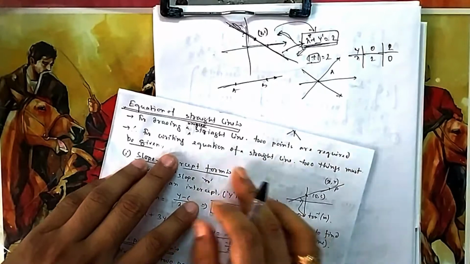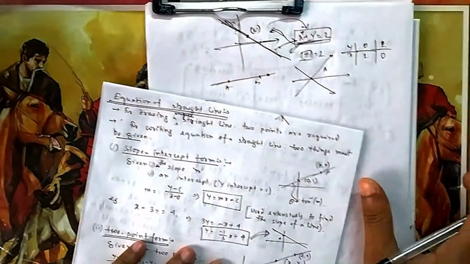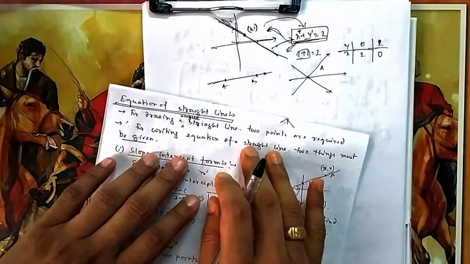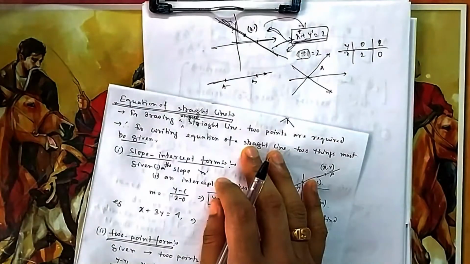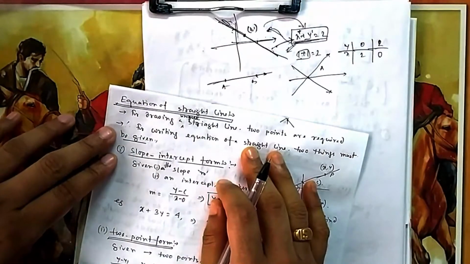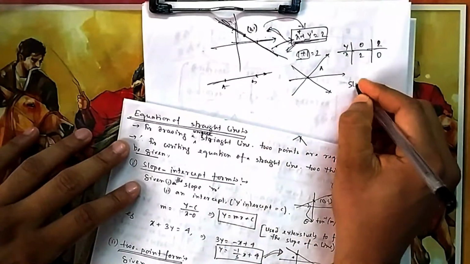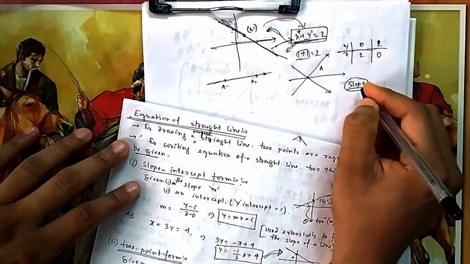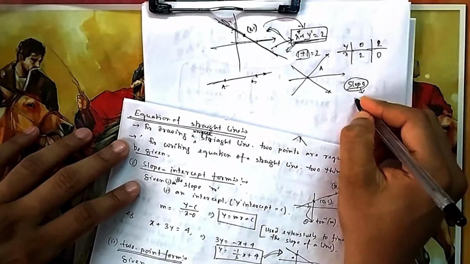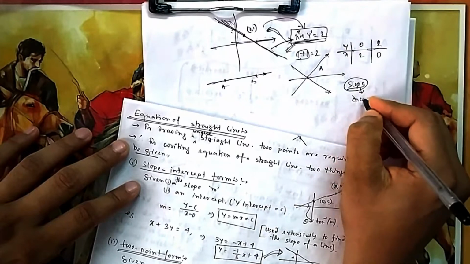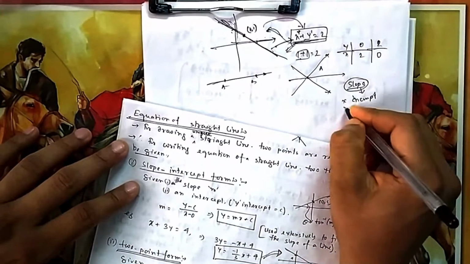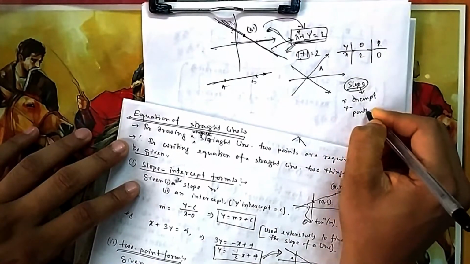That is not a general rule, don't make it general. For a straight line, 2 things should be given to you. Slope is a characteristic of it. Intercept is also a characteristic of a straight line: x intercept, y intercept, and points you know already.